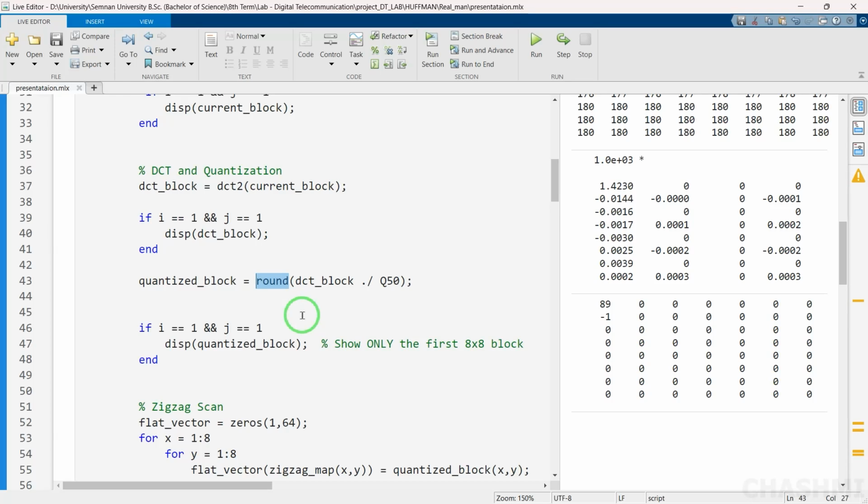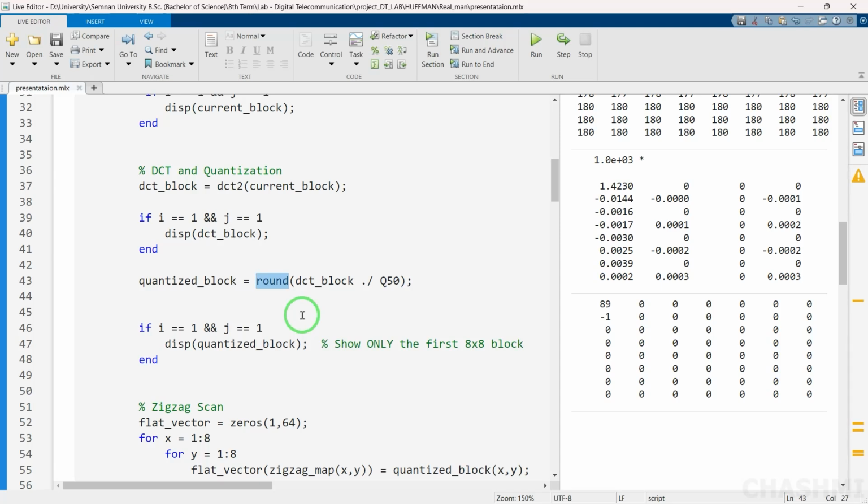What lossy means, look, other parts of the compression don't round the value. For example, you divide 2.5 by 2, you get a value. And you multiply it by 2 again, you get the same value as you had in the first part. But when you do the rounding, definitely you're going to lose some parts.